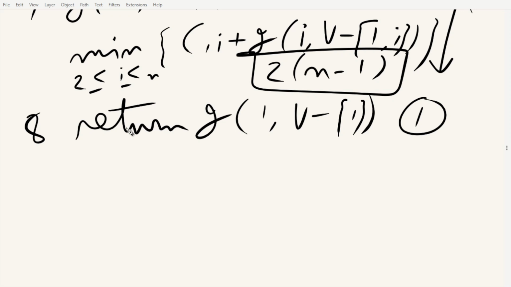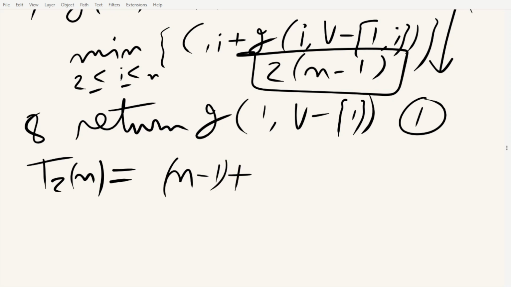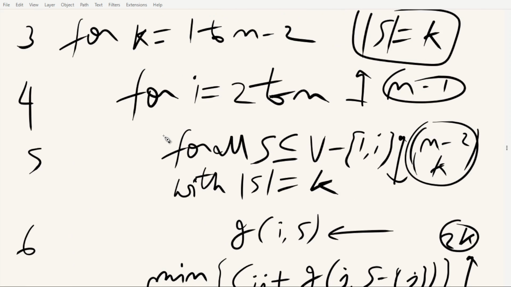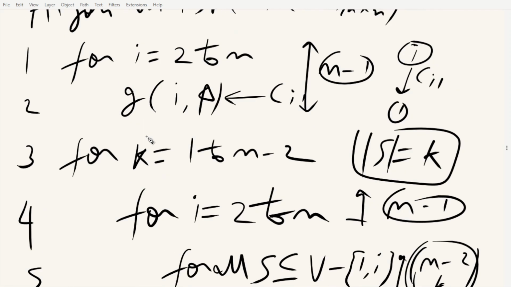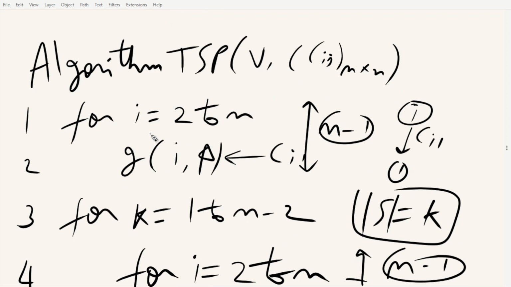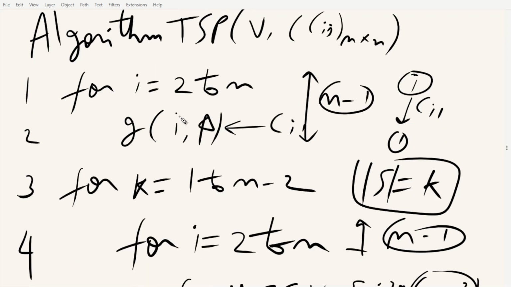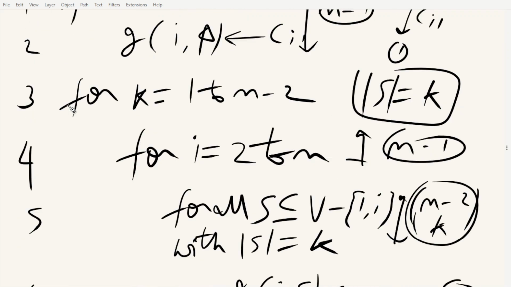So we write the expression for our time complexity, call it T(n), equal to, adding everything, n minus 1 plus, where this n minus 1 comes from lines 1 and 2.